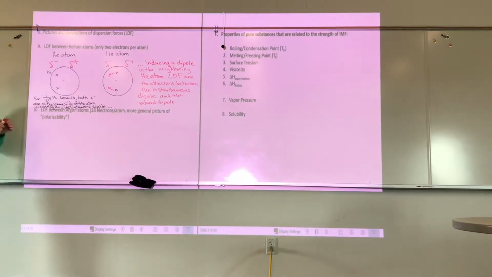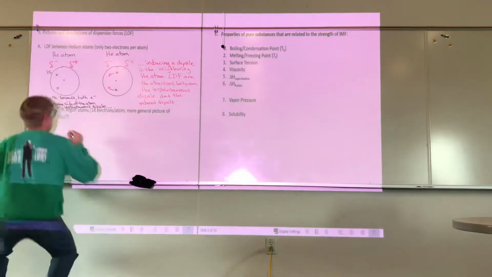Okay. There's more to it, but the next thing we have to know about LDF is going to be illustrated here by argon. Argon has 18 electrons, and so LDF scale with the number of electrons.